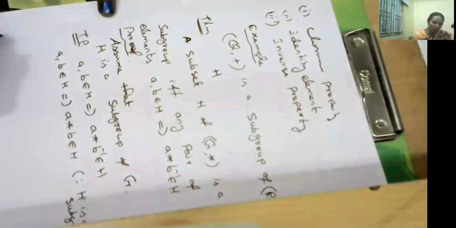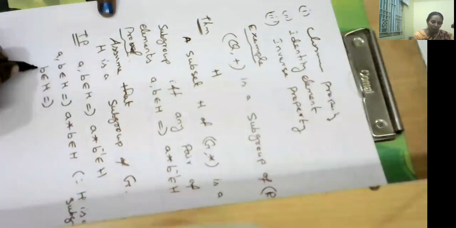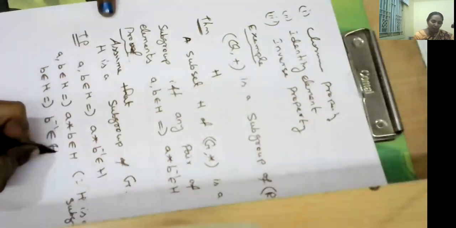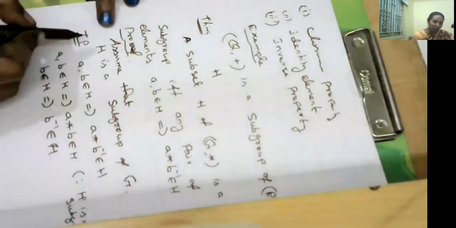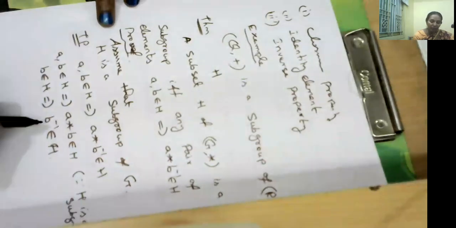So a, b belonging to H implies we can write a star b belongs to H. Now suppose one element b belongs to H; then the inverse element of b also exists, so b inverse belongs to capital H. How are we writing this? b belongs to H implies b inverse belongs to H, because we had assumed H is a subgroup of G. Therefore, any element from capital H has an inverse element, and b inverse belongs to capital H.